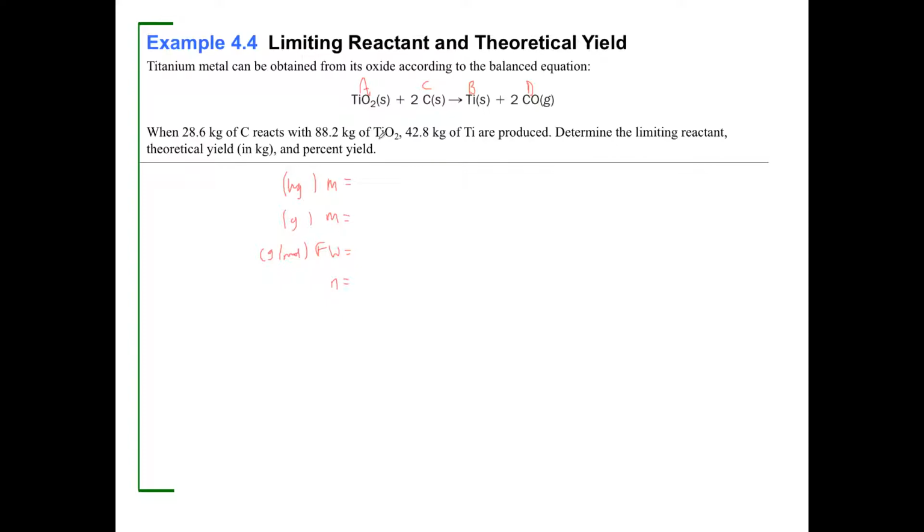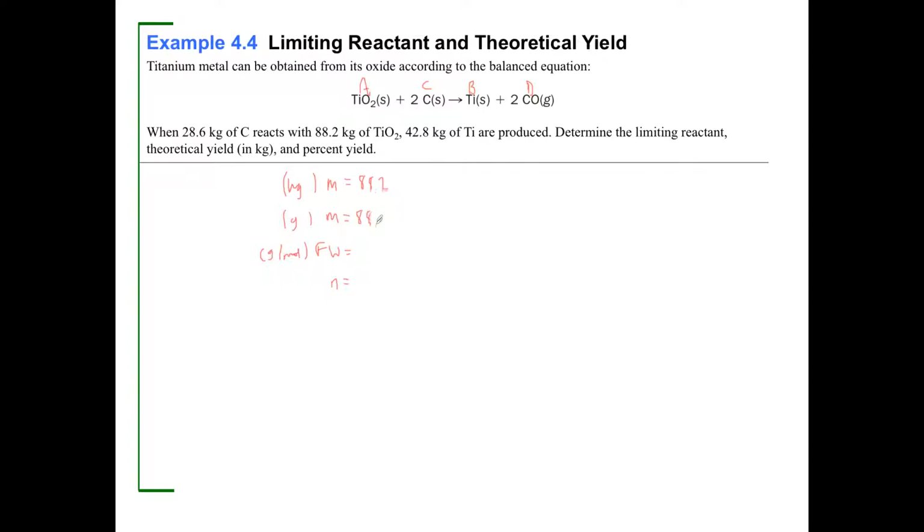looks like it's titanium 4 oxide, right? Because I'm using my nomenclature there. Titanium's a transition metal, so we're going to say titanium 4 oxide. Where am I here? 88.2 kilograms.